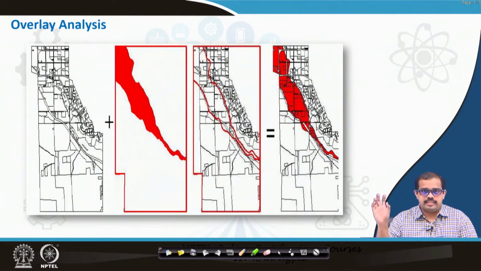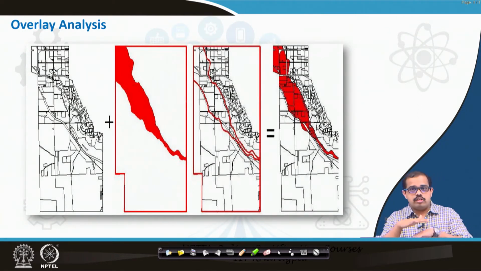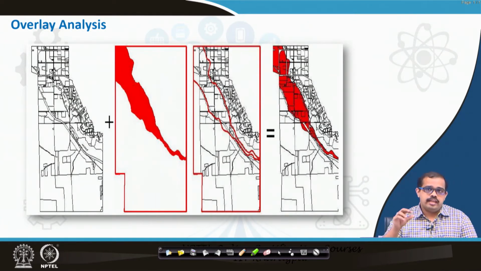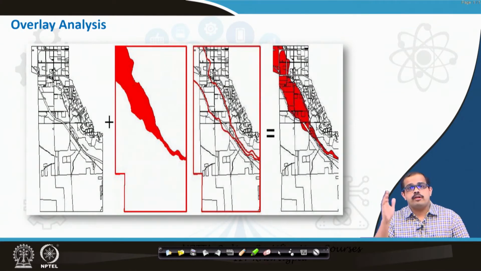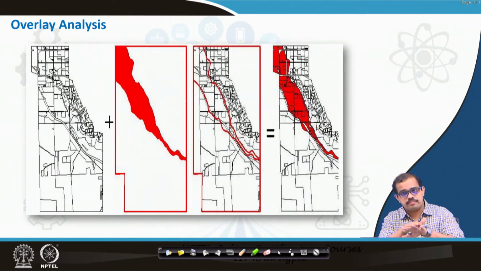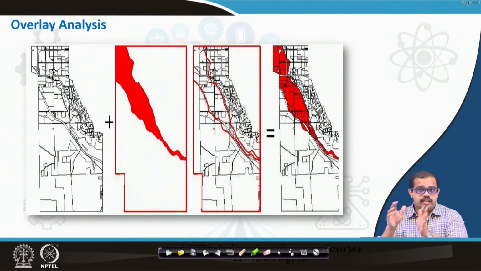Now, this is just an example. Now, I overlay one on the other. Once I overlay one on the other, I know which area is actually vulnerable. Based on this, the output will be the vulnerability map of both the layers which are overlaid on each other. So, that is exactly the example of the application of why you do an overlay analysis.